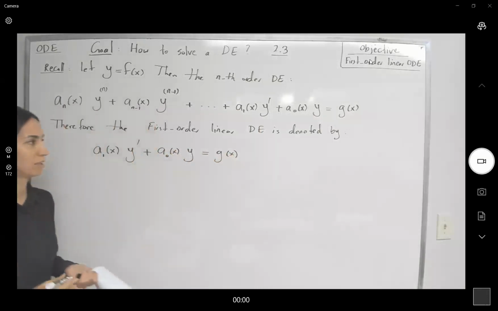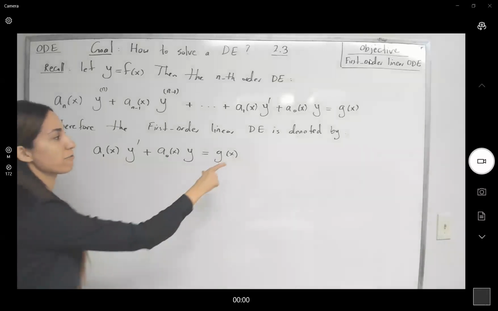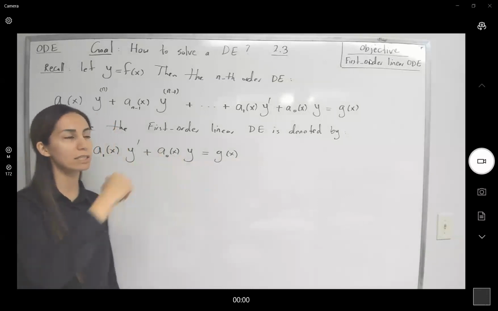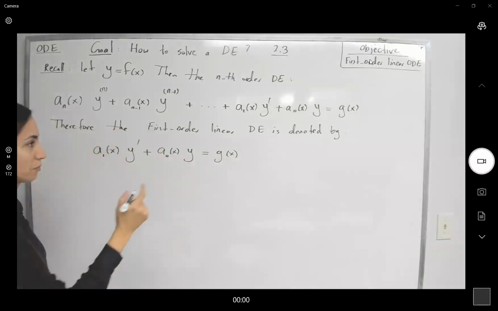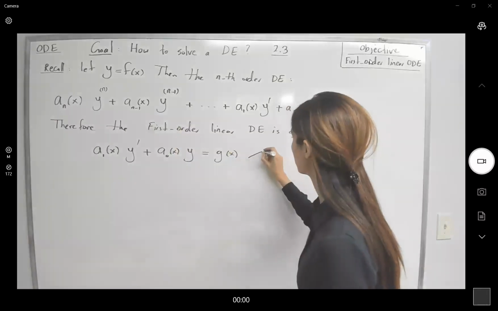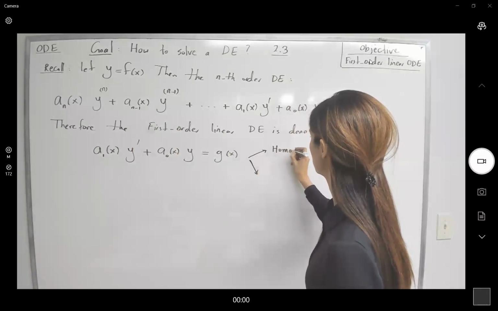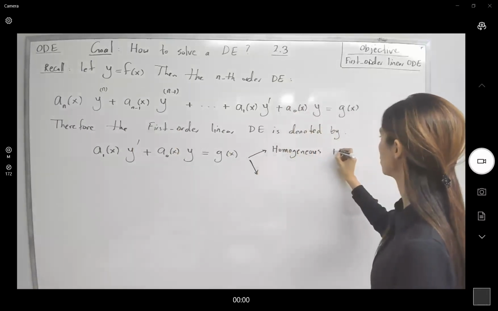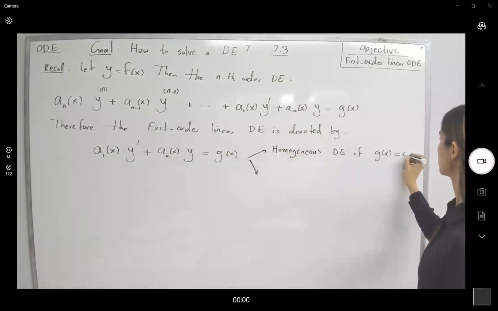of x. Okay. So when you're dealing with the linear differential equation, if g of x is equal to 0, we call this equation a homogeneous differential equation. So we can classify this as a homogeneous differential equation if g of x is equal to 0.